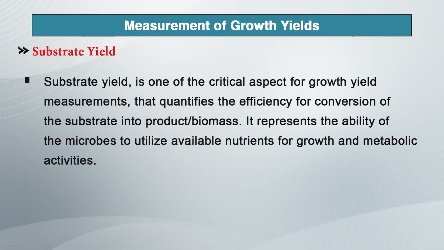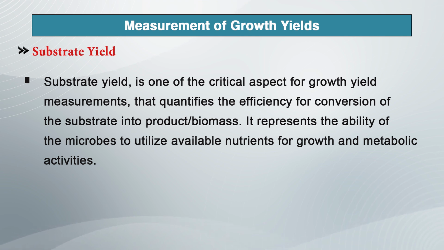The second measurement for growth yield is substrate yield. Substrate yield is another critical aspect of growth yield measurement that quantifies the efficiency of conversion of the substrate into the product mass. It represents the ability of the microbes to utilize available nutrients for growth and metabolic activities.